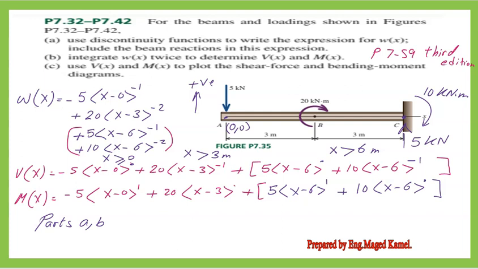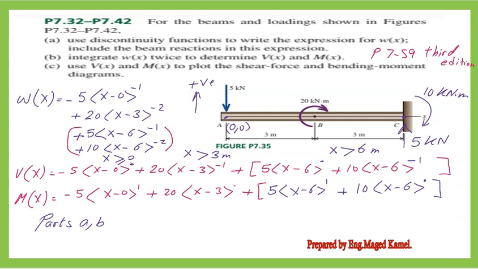And at x equal to 6, we have 5 kilonewton, so we write plus 5 multiplied by x minus 6 raised to the power of minus 1, and followed by the moment in the clockwise direction, plus 10 multiplied by x minus 6 raised to the power of minus 2.